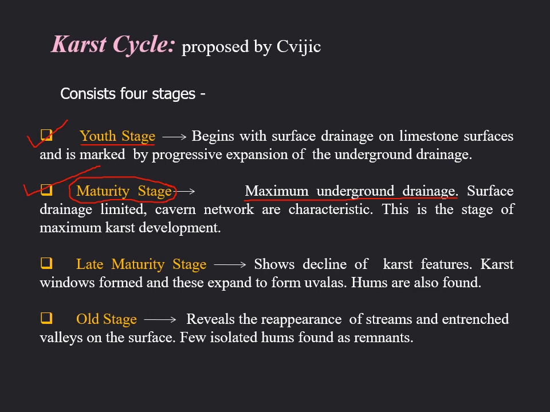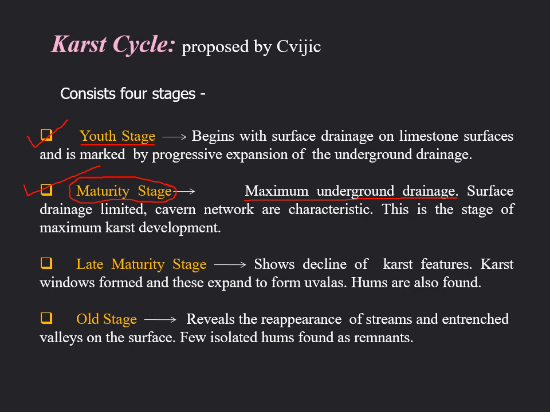The third stage is known as the late maturity stage, which marks the beginning of the declining of karst features. That means the karst process is gradually diminishing.